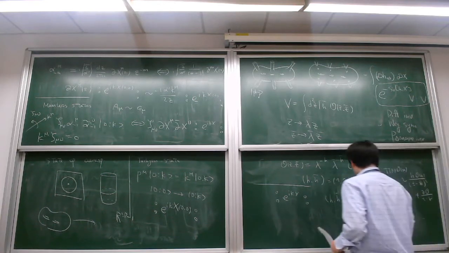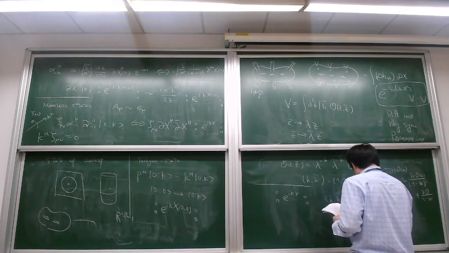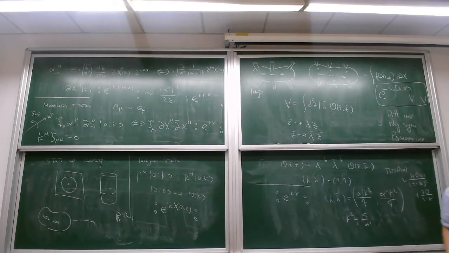Therefore, k squared has to be 4 over alpha prime, and this is minus m squared.